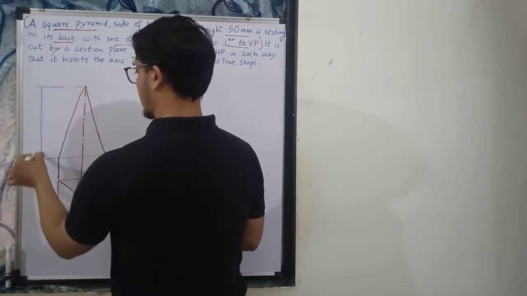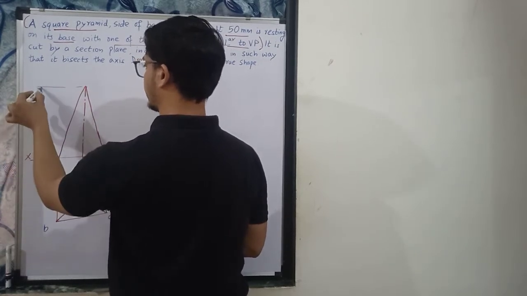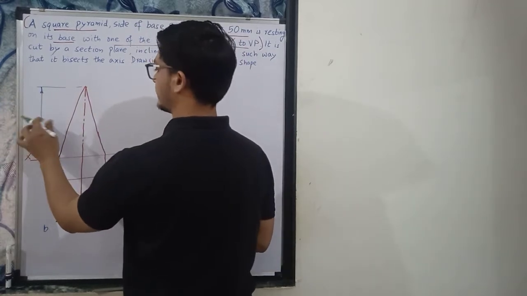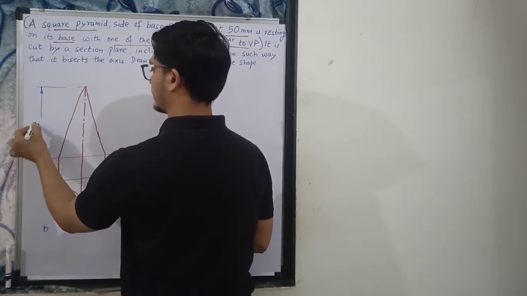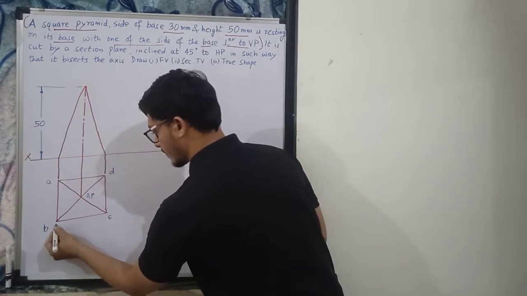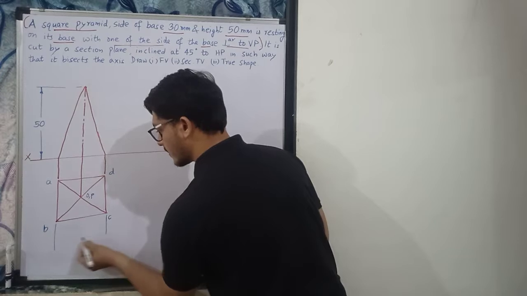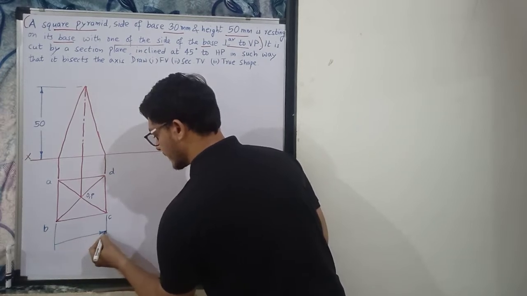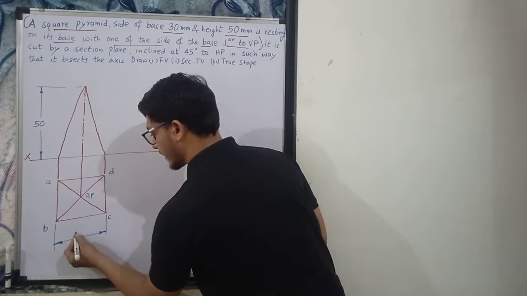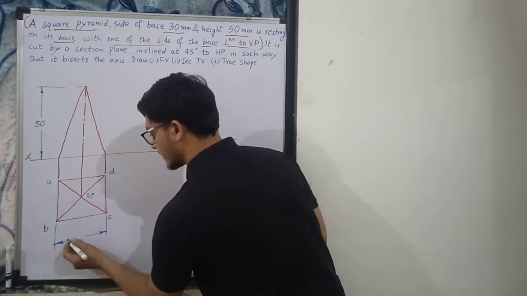Height is given to us as 50 mm. So I mark 50 on this and join the slant edges. Side of the square is 30, so take projection of any two sides and give the dimension. With this isosceles triangle, the base is 30.